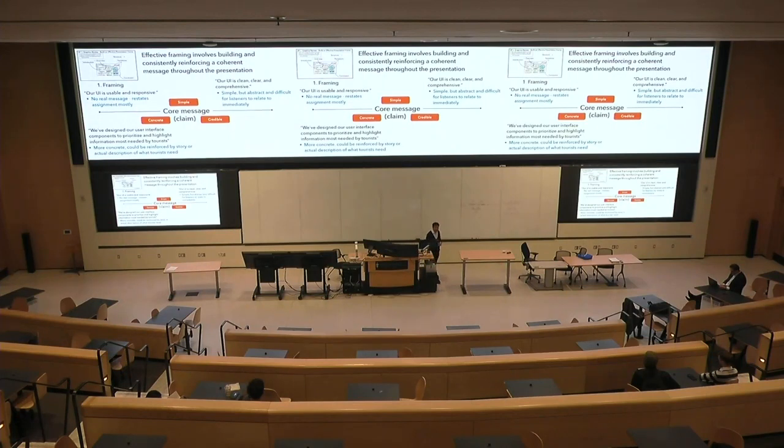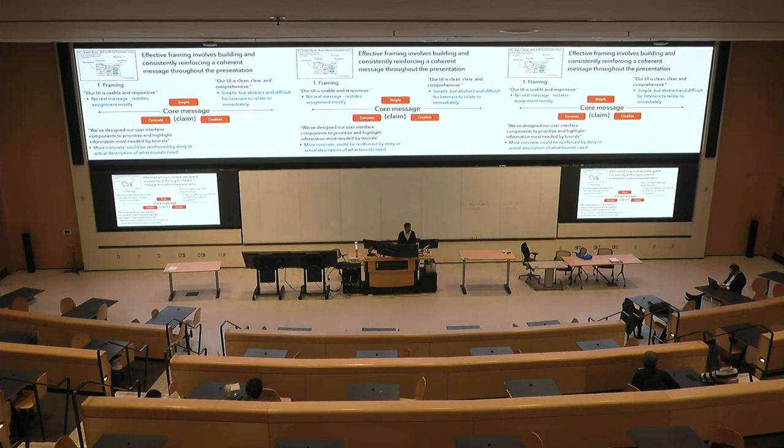We've designed our user interface components to prioritize and highlight information that's most needed by tourists, right? This is a little bit more concrete of a statement, easier to understand and connect to, but it could be reinforced a little bit more by potentially a story or an actual description of what these tourists would actually need in this particular situation.